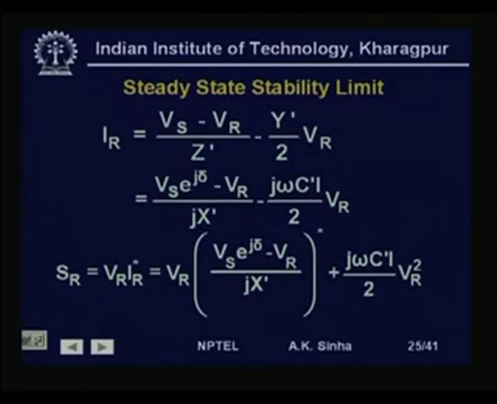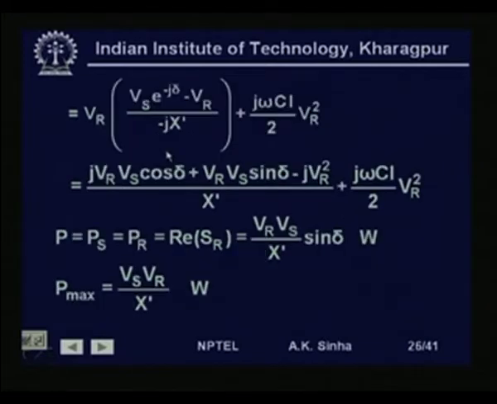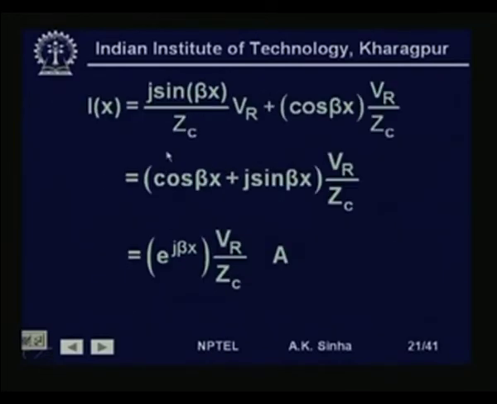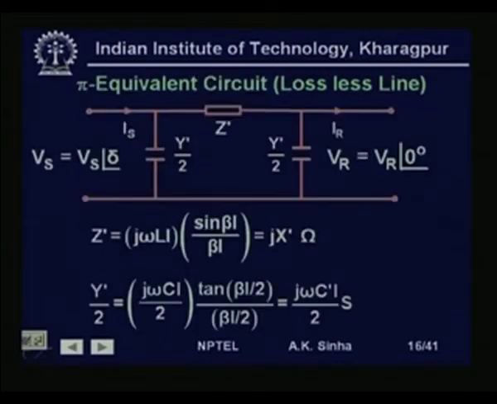If you look at the pi equivalent circuit, then we can calculate I r as V s minus V r divided by this Z, which will be the current flowing in this, minus the current flowing here, which will be V r into y dash by 2.